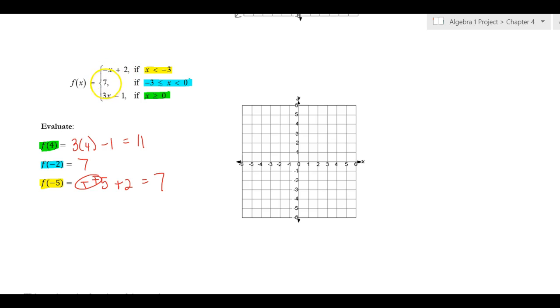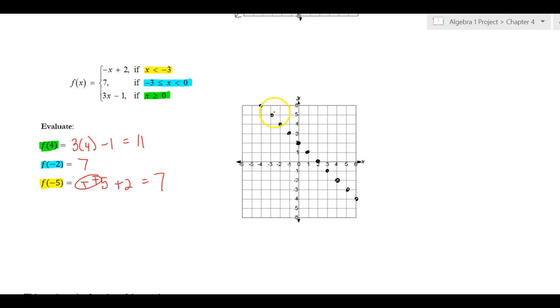So let's graph this top one, -x plus 2. So I'm going to go up 2, and then my slope is down 1 over 1. And then I can erase the dots I don't need. Okay, so this says when x is less than -3.